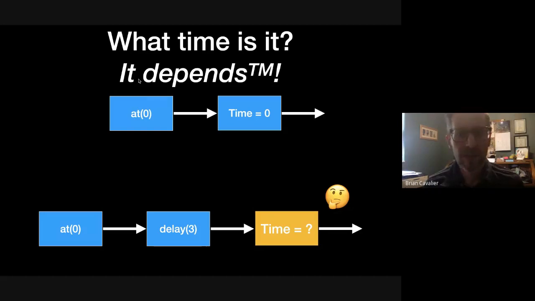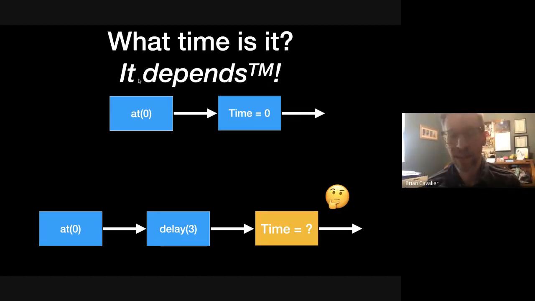But what if you refactor your graph and you introduce a delay of, say, 3 milliseconds between the at and this box? What does that mean? And what if that box did some sort of computation that used time? What would happen? You could change that calculation just by inserting this node after at and before your box.